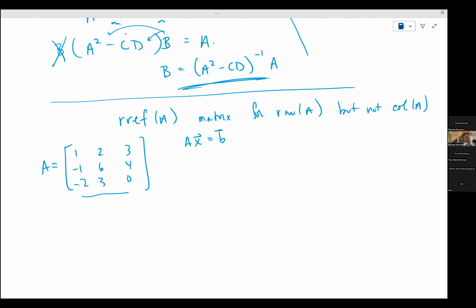For this matrix we have 4 fundamental subspaces, and they are subspaces, not subsets. The row space of the matrix is the space spanned by the rows. Then we have the column space of A, which is the space spanned by the columns.